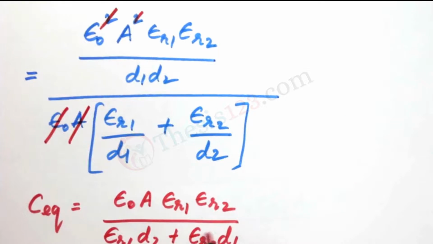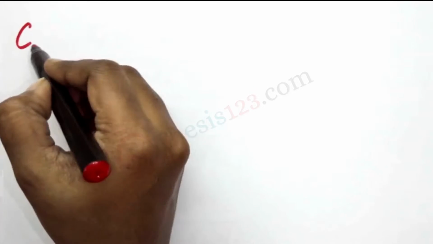Now all we have to do is just plug in the values of these terms. Okay, let me just grab another sheet of paper. We'll substitute the values here. Here, what do we have? Let me write that down.